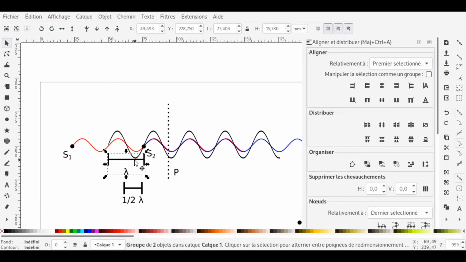So there are a few spots at which we'll have constructive interference between two waves emitted by two sources.